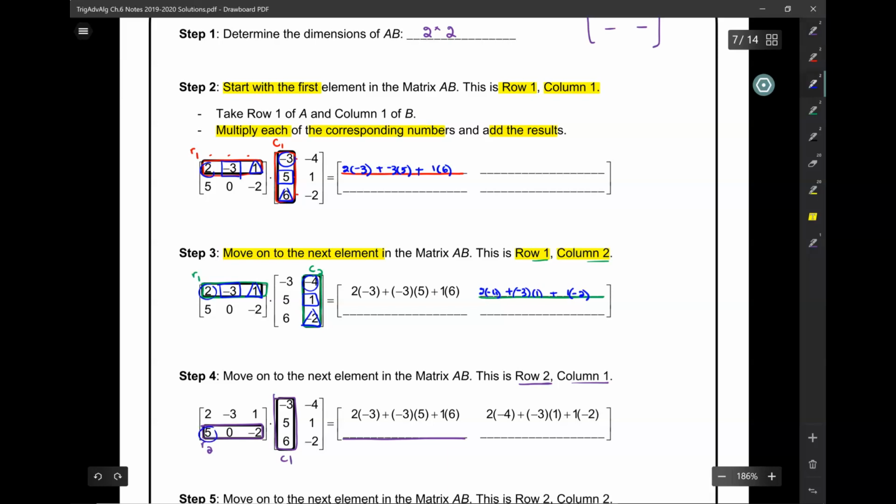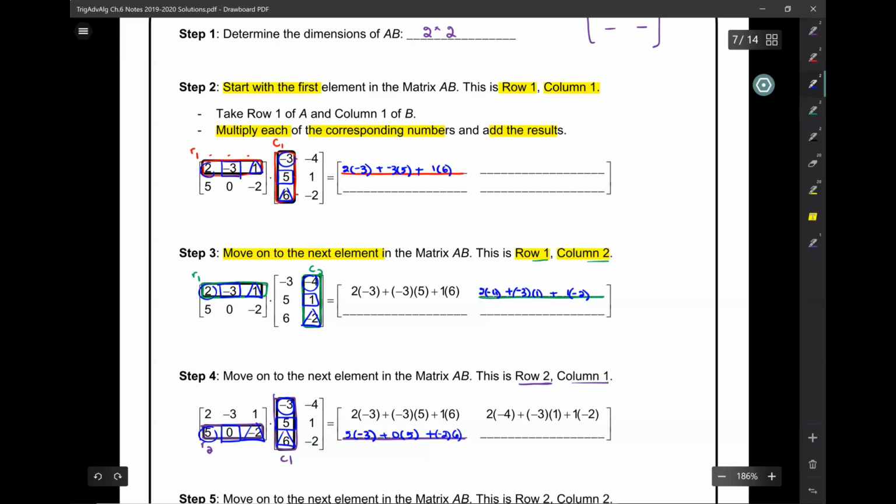Multiply the first with the first. Always circle them, right? The second with the second, plus the third with the third.